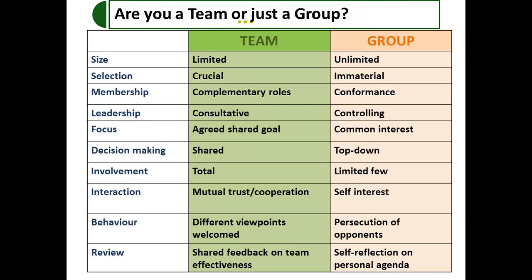Whether the goal is agreed and shared and everybody's driving toward it, or it's a common sense of interest. How decision-making is made, the involvement, be it total or limited. The interaction: whether behavioural differences are welcome, including viewpoints, or whether points are being scored.